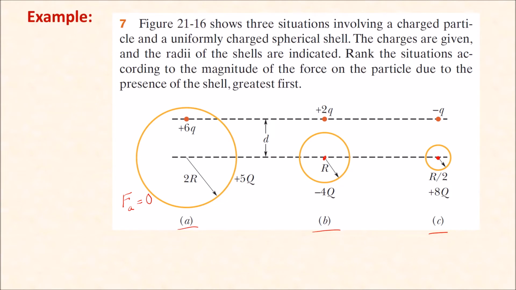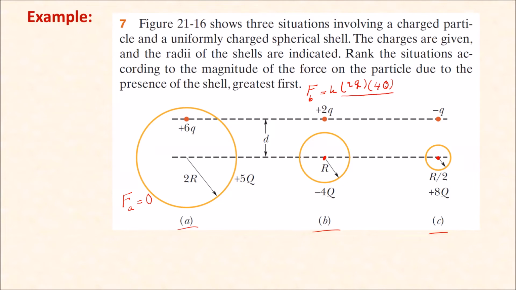So now, which one is greater? Here, now we can treat them as particles, right? So we can say F_B is k times 2Q times 4Q. You say that it's absolute value, so we don't write the negative.